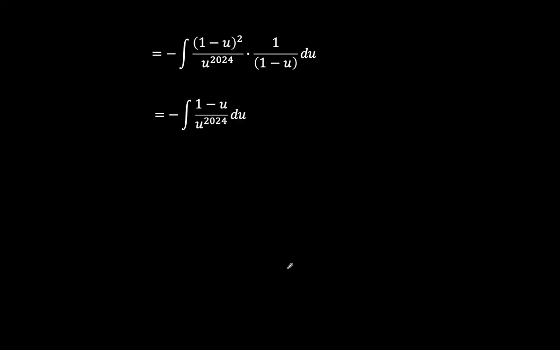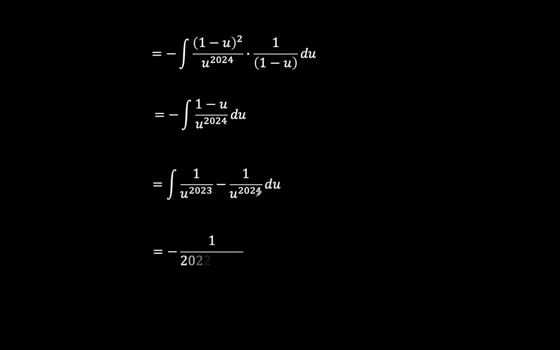Now that's our integrand. We can multiply the sign across, so we have (u minus 1) over u to the power 2024. And we divide u to the power 2024 across, so we have 1 over u to the power 2023 minus 1 over u to the power 2024.